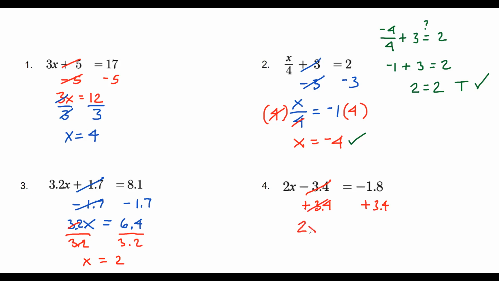We have 2x on the left-hand side and negative 1.8 plus 3.4 in your calculator should give you a positive 1.6. And then finally, we divide both sides by 2. Cancels the 2's out. X is equal to 0.8.